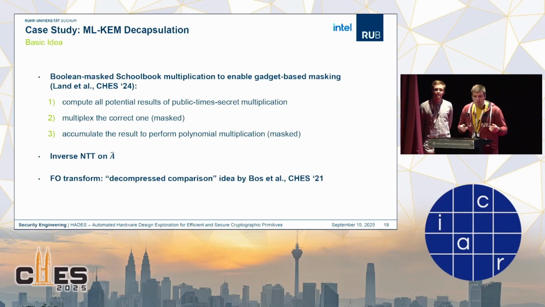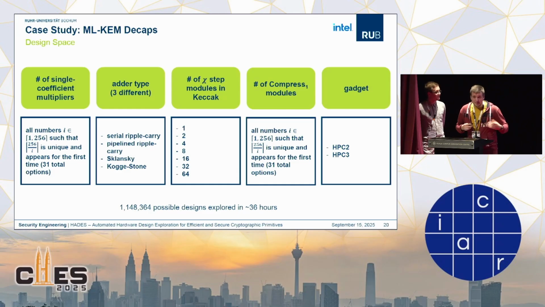Of course, this leads to a little bit of a nonsensical situation, because for a valid MLChem, then we need to perform an inverse NTT on the matrix A, such that we can actually apply the schoolbook methods. But for now, that's about the possible way to implement this with gadget-based masking. The design space then is a lot of options for the parallelism.